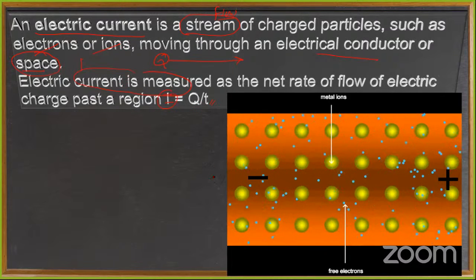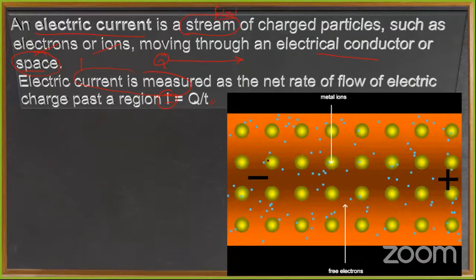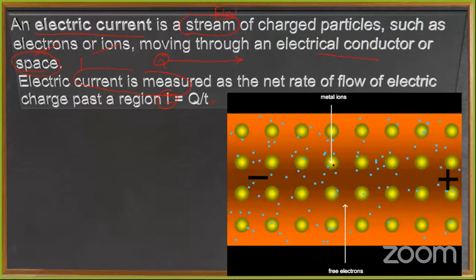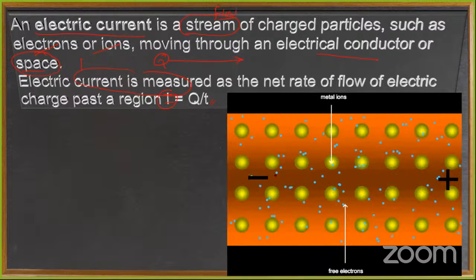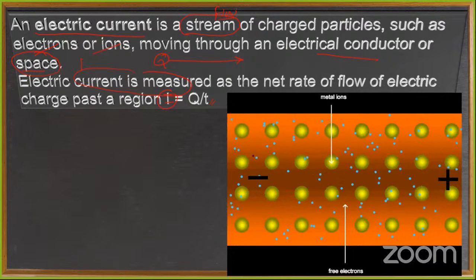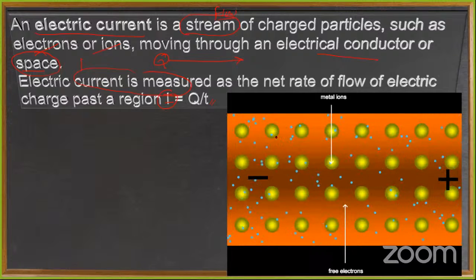So now we are understanding the electron flow. This is the atom. It is the atom nucleus, and these are the electrons. Few of the electrons are moving in random directions. These are the ions, metal ions, and these are the free electrons. When no external potential difference is applied, these electrons move randomly.